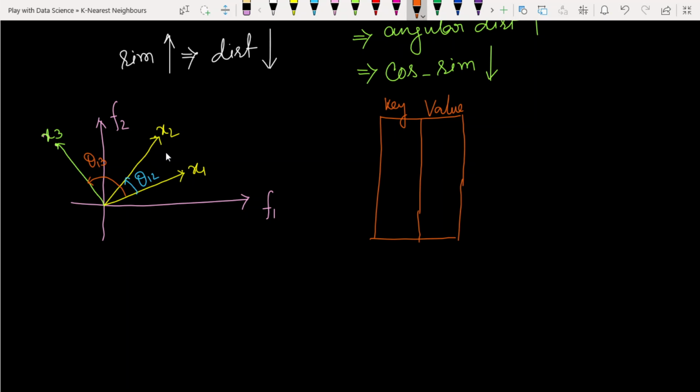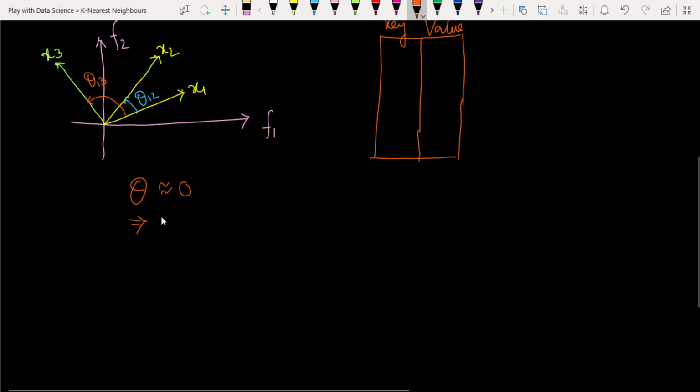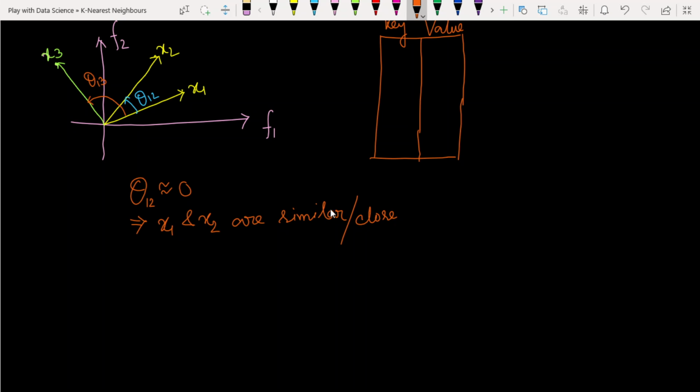If theta is approximately equal to 0, if theta is so small, this means both vectors are similar, or close vectors. So we can conclude that x1 and x2 are similar, or close vectors.